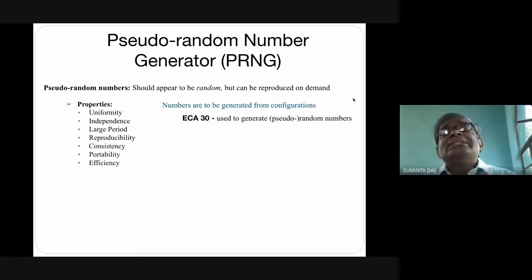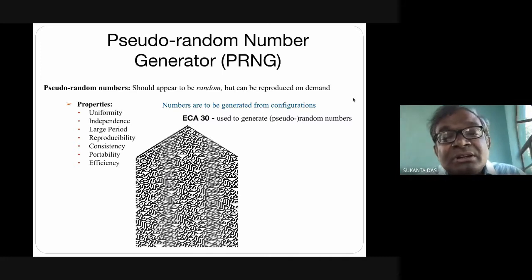First, ECA 30, Wolfram's Rule 30, was used to generate pseudo-random numbers. It was proposed by Wolfram in the early 80s, around 1984. This is a space-time diagram. Several techniques are used to extract numbers from this space-time diagram.